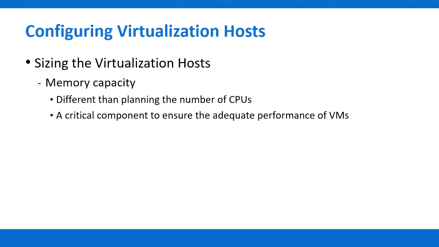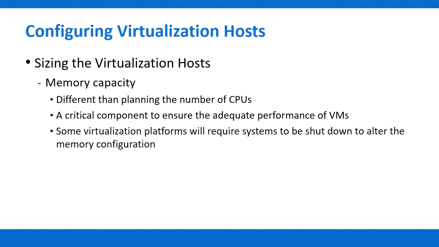The more memory, more RAM that you have, and the faster the RAM speed, the better it is going to be for the virtualization host. Now, note that some platforms will allow you to adjust virtual machine memory on the fly, allowing one virtual machine to borrow memory from another VM without shutting down the system. But other platforms will require the systems to be shut down in order to alter the memory configuration.